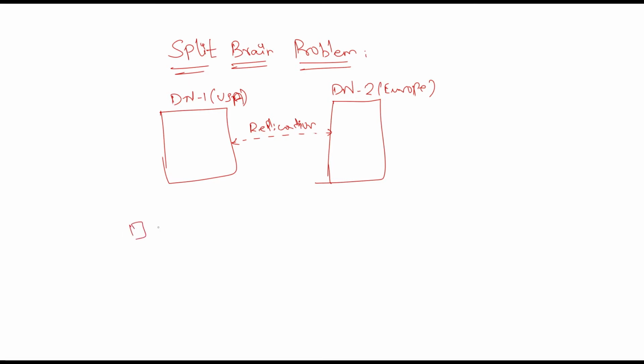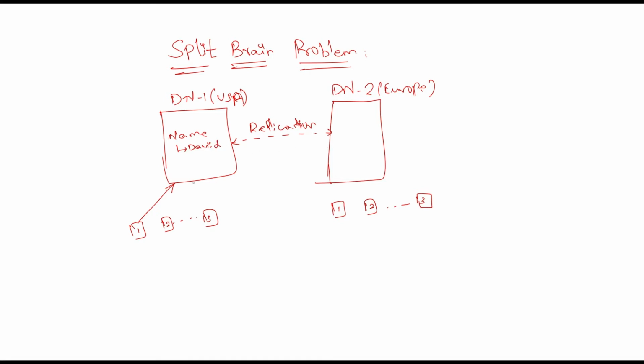We have some users in USA and some other users in Europe, and we can call them 1, 2, 3 and 1, 2, 3. Let's say user 1 creates a new record in data node 1, a name, maybe David.